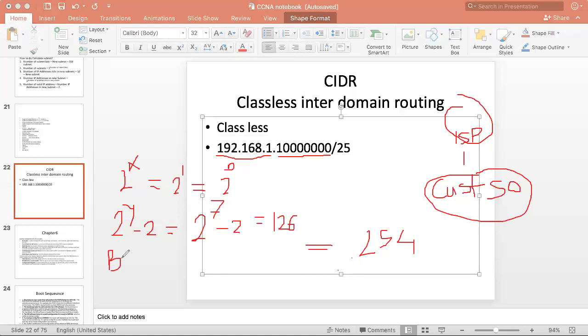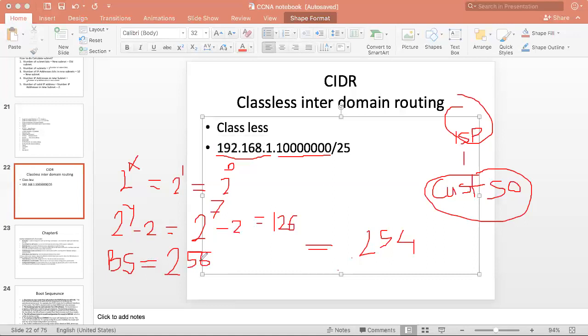This is not touching the network bits at all. This is only touching the host bits. But within the host bits, we have network bits, right? So inside the host bits, they give the network bits and that's how they calculate, but they do not touch the original network bits at all.